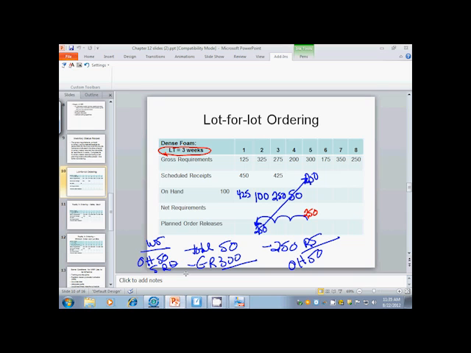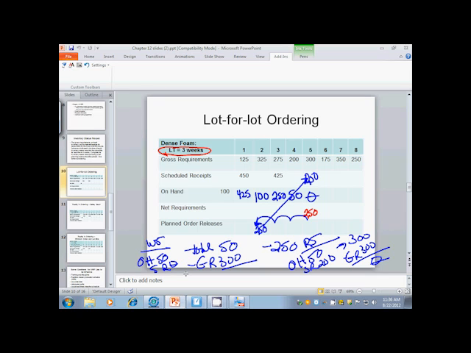I plan on receiving in week 5 now 250 units. That gives me 300 units total that I can use. Out of those 300 units, I'm going to subtract out my gross requirements, which are 300 units, which will leave me with 0 left on hand at the end of week 5.